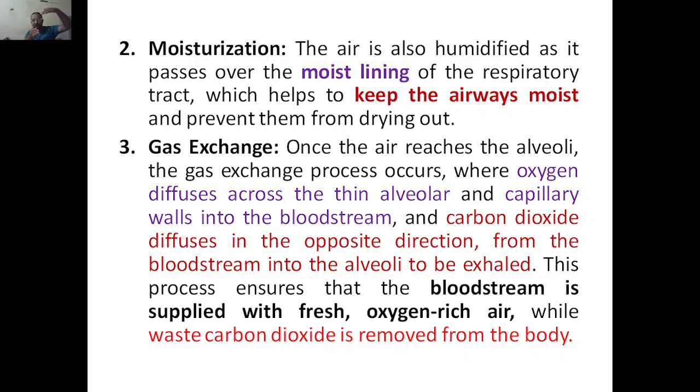Whatever route oxygen takes, carbon dioxide takes the same route in the opposite direction. That's it. So this process ensures that the bloodstream is supplied with fresh oxygen-rich air while waste carbon dioxide is removed from the body. So this gives oxygen-rich air to the bloodstream and removes the carbon dioxide out through the nose.